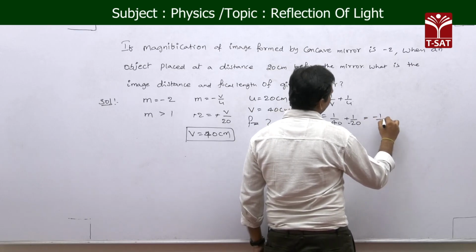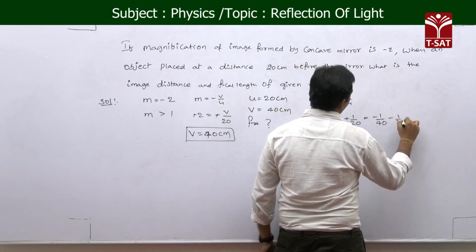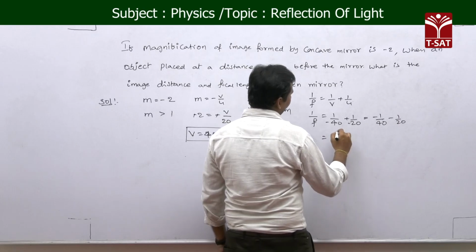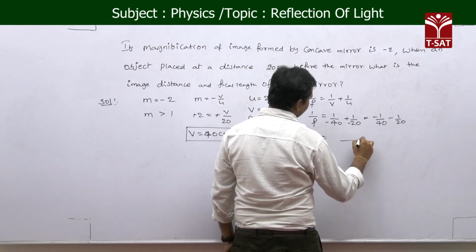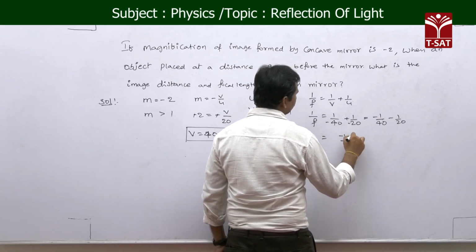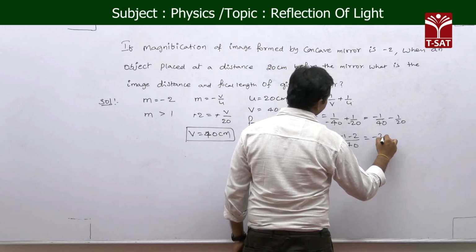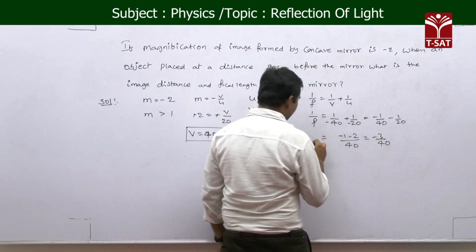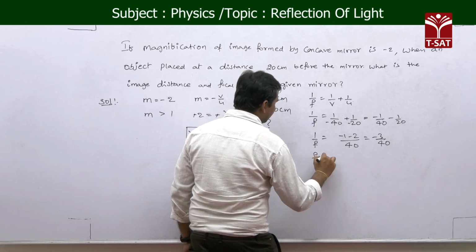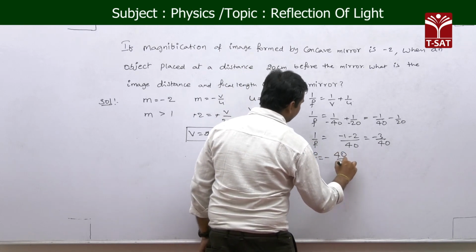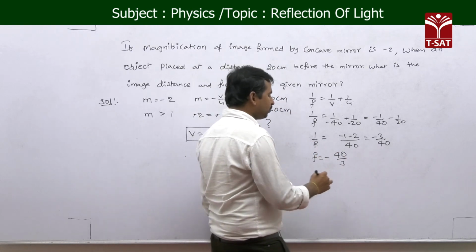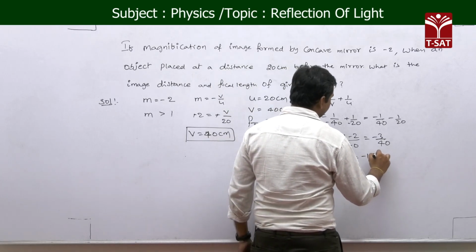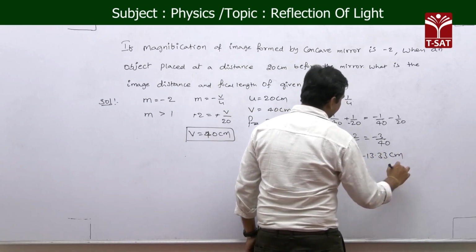Then minus 1 by 40 minus 1 by 20. Taking the LCM 40, minus 1 minus 2 is minus 3 by 40. This is 1 by f. Then f becomes minus 40 by 3, which is equal to minus 13.33 centimeters.